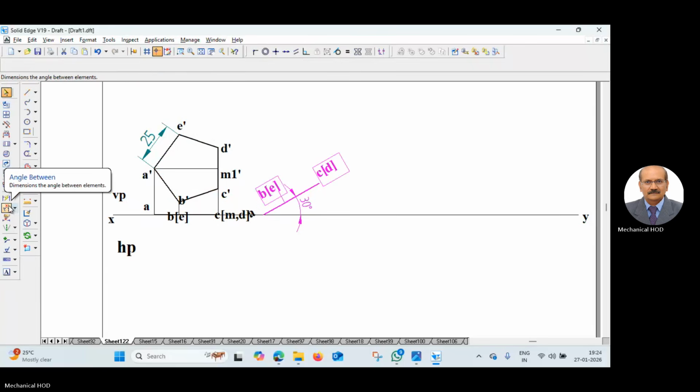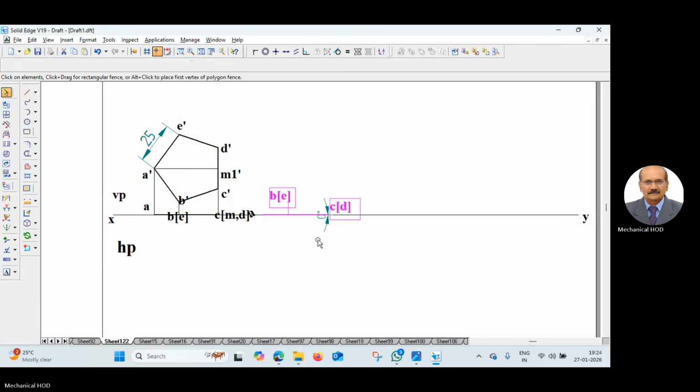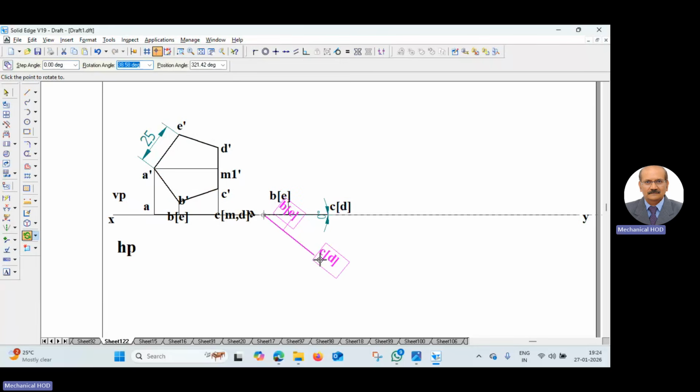towards below the actual line, HP, not above the actual, because the rotation, inclination with respect to VP will appear on HP.